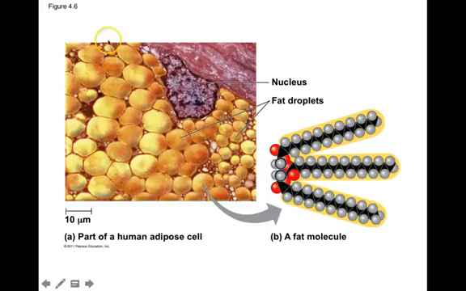This is an adipose cell. An adipose cell is a cell which stores lots of fat molecules. Whenever we eat extra carbs and fats, carbohydrates are converted to fats, and they're stored inside the cells called adipose cells, which are found more under our skin.